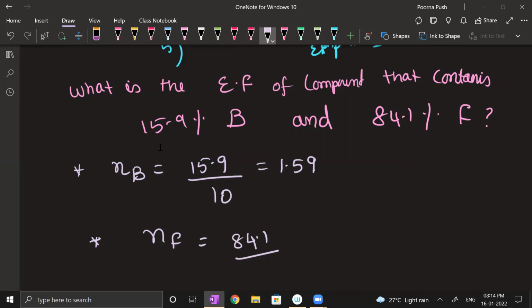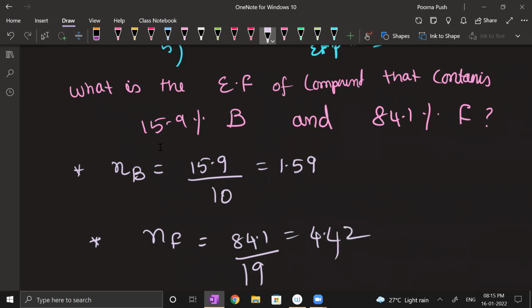Fluorine will be 84.1 divided by fluorine's atomic mass, 19. Calculate and tell me. 4.4, ma'am. 4.42.